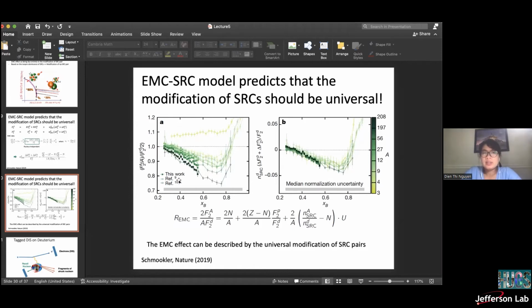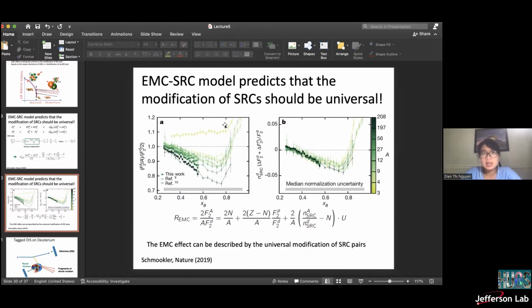So we have EMC data, like the EMC slope here. Then you have all the other ingredients, and you calculate this U function based on the previous slide's formula. And when we calculate it, the U function is right here. U represents the universal function from different nuclei.